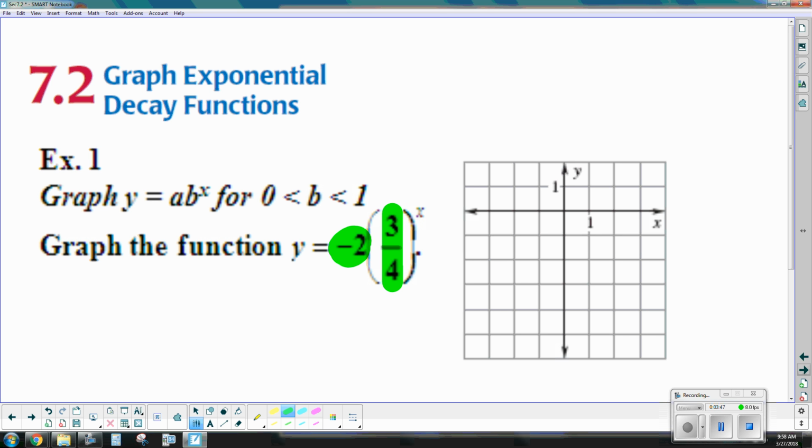So let's first look at this function, and let's define our domain and define our range. Because a is less than 0, this is not an exponential decay function.